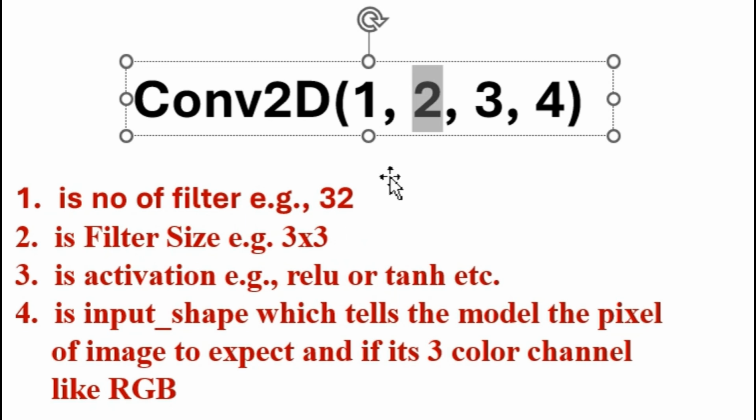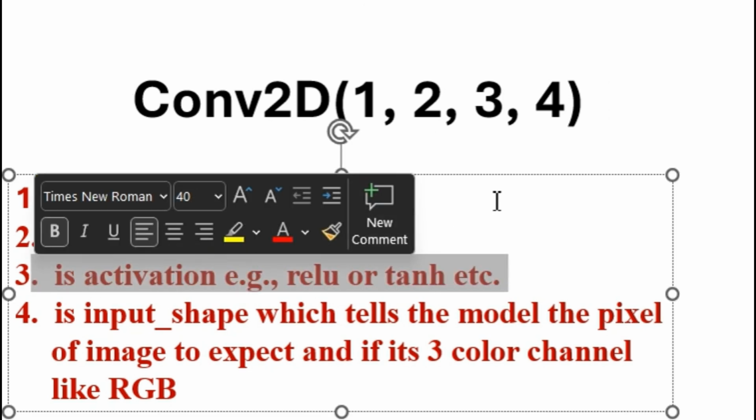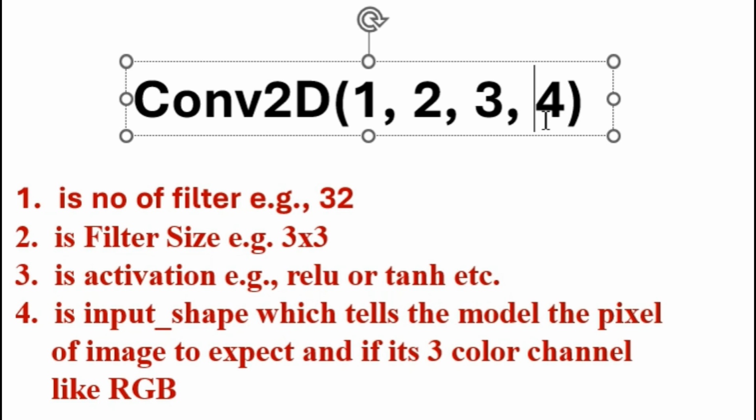This is like saying each filter will scan the images using a 3 by 3 grid of pixels, like looking through a small window to find patterns. The third one refers to the activation function, such as ReLU, tanh, or others. This function introduces non-linearity. It helps the network learn more complex patterns.